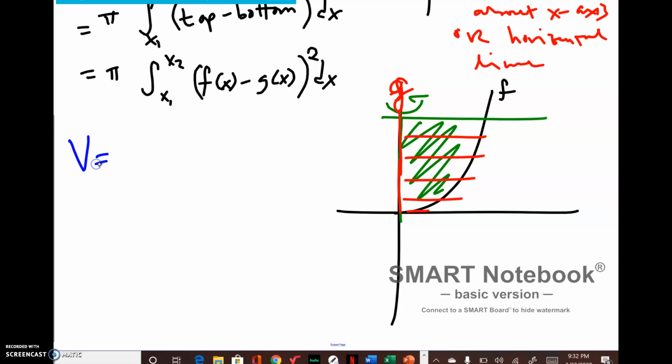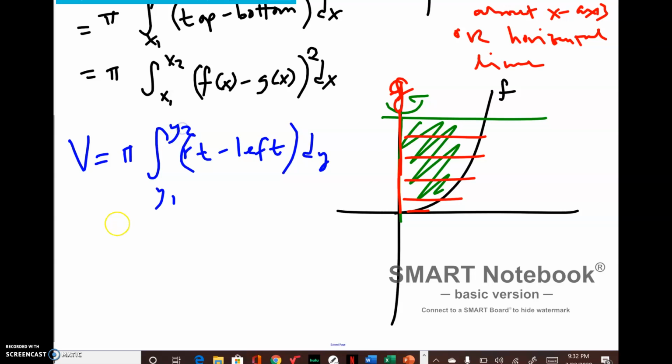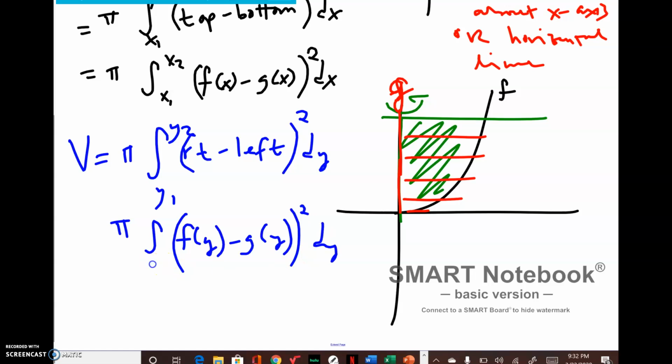And my volume is going to be pi, right minus left, dy from y sub 1 to y sub 2. And in this one, my function on the right is f, so I'm going to write f of y minus g of y, because this one's on the right and this one's on the left, oops, squared, dy from y sub 1 to y sub 2, and that's my volume.